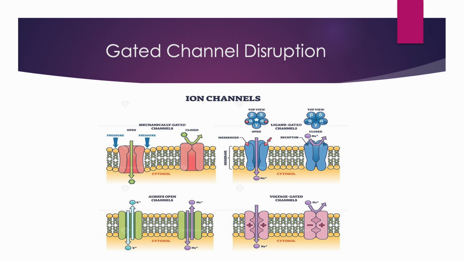And if voltage-gated sodium or potassium channels fail, the neuron can't produce or control action potentials correctly. Some disorders called channelopathies come from these issues, for example, sodium channel defects that lead to seizures or muscle weaknesses.